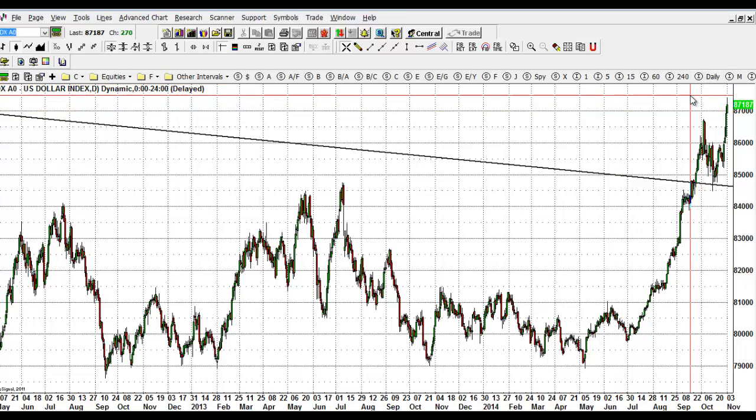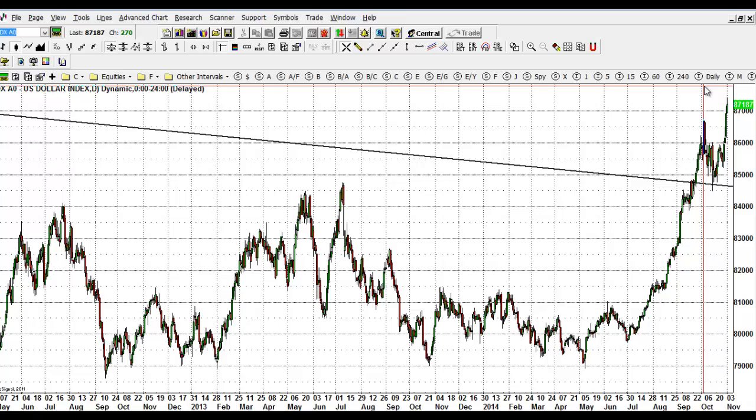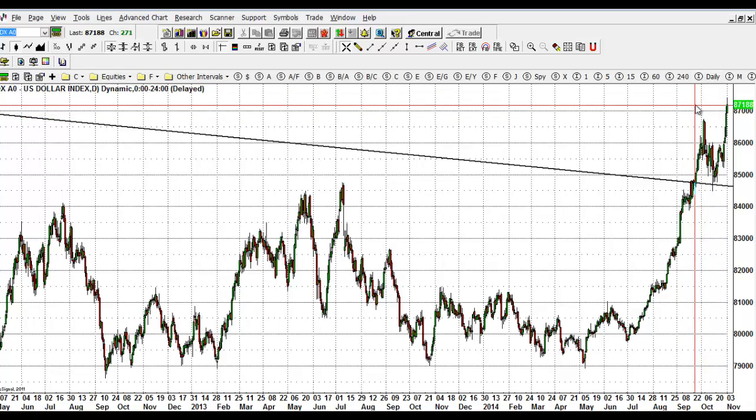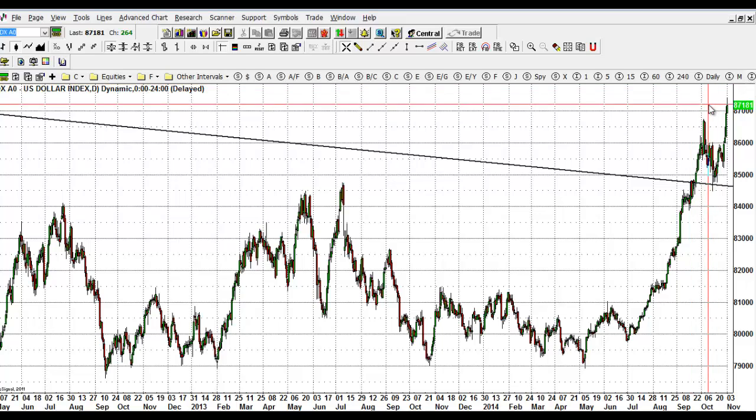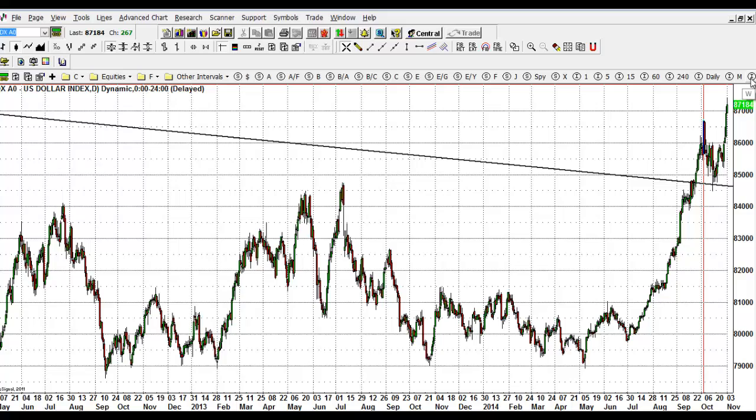Okay, in front of us, we have a chart of the US dollar index, which is made up of a number of currencies, i.e., the euro, the Japanese yen, the Swiss franc, the British pound, Australian and Canadian dollar. So the US dollar index basically shows you the path of the dollar and what's happening with the dollar across different currencies.